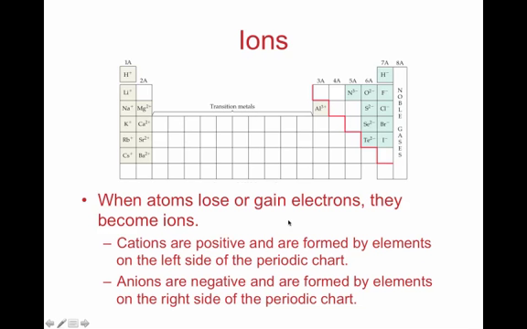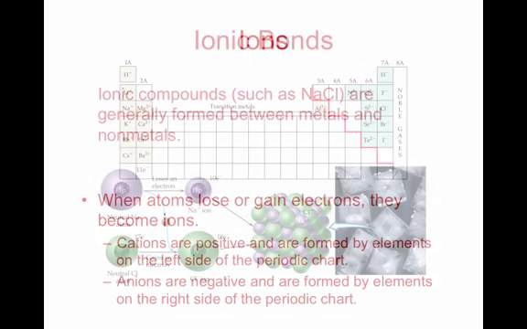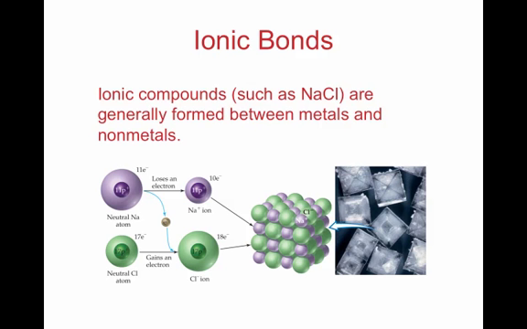Now we know in bonding, if we're not sharing electrons, we're losing or gaining, opposite charges must be attracted to one another in order for bonding to occur. Ionic bonds. Ionic compounds, such as sodium chloride, are generally formed between metals and nonmetals.